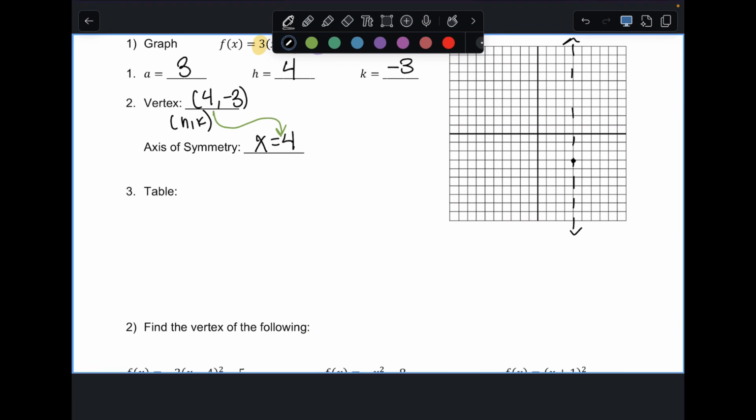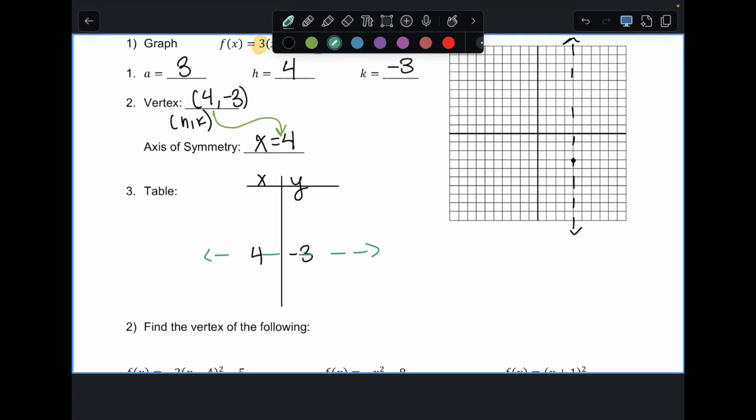So I'm going to draw my table. I'm going to put my vertex in. And again, I like to put a little line through here so I know that that's the line I'm reflecting over. I know that all my y values over here are going to be the same over here.